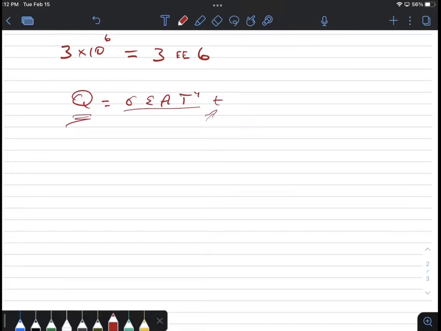Well, the modification goes like this. The power radiated by an object at a certain temperature T in an environment, which is at some other temperature, is sigma epsilon A. Now here's where things change. We're going to do a delta T here.